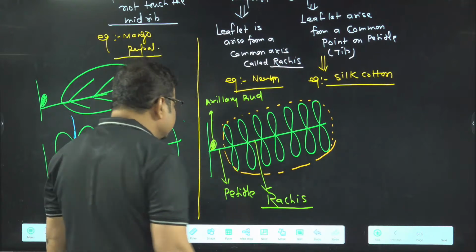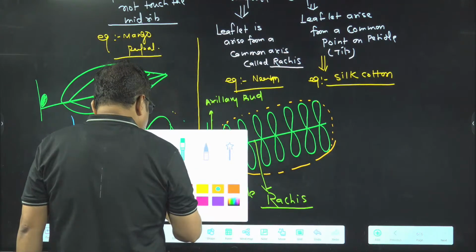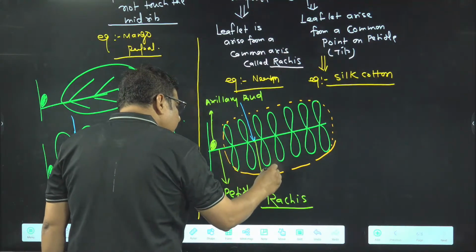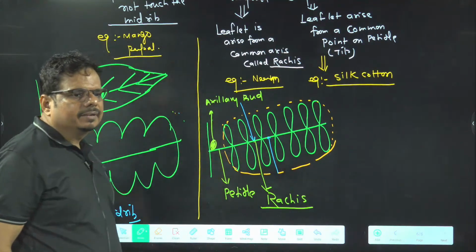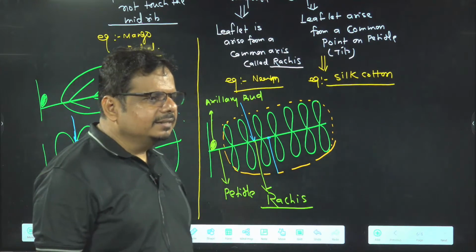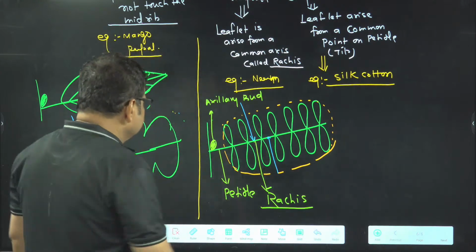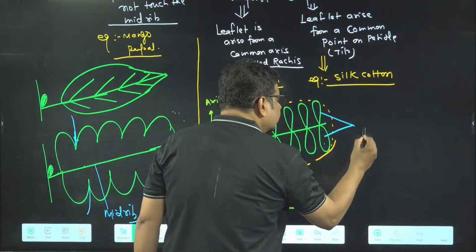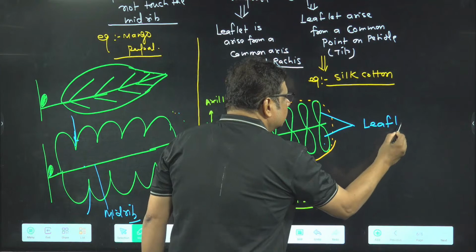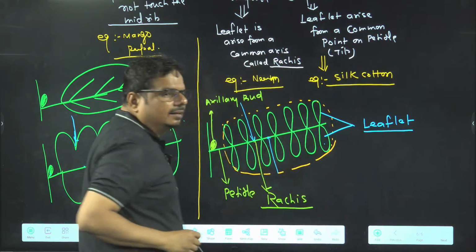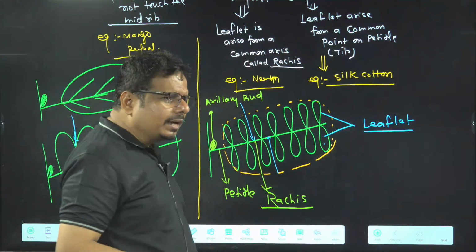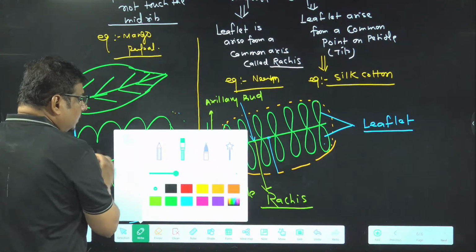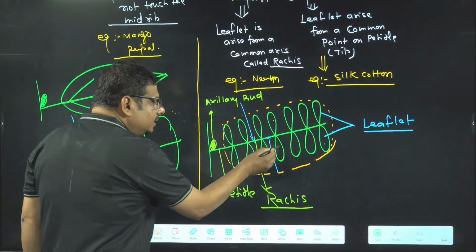What you are finding in the leaf? Leaf undergoes incision, and incision is touching the midrib. You are getting the idea or not? This is a leaf. This is not a leaf. These structures are leaflets. Now, many times a student came to us and asked a question, sir, it is also possible that this is a branch and this is a leaf.